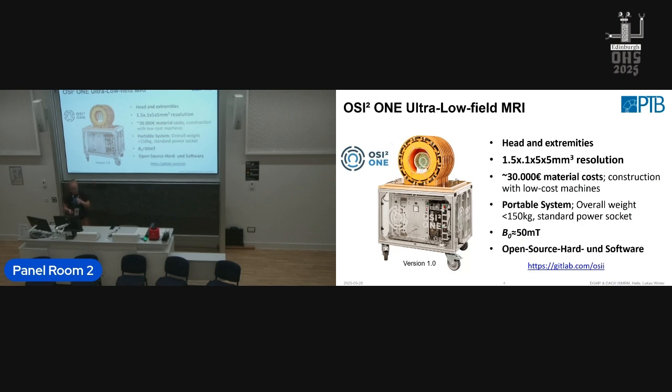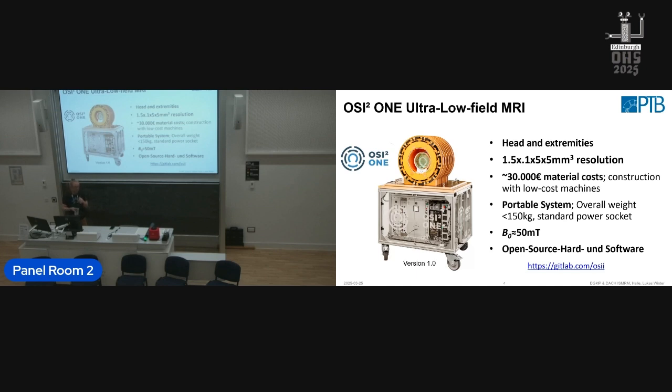And I mentioned already had an extremities resolution topic of debate because you can run different sequences, which gives you different resolution, but let's say 1.5 by 1.5 millimeter you can achieve. And the material cost, depending on the configuration, you're at around 30K, which is quite nice. And the construction is of relatively low-cost machines.